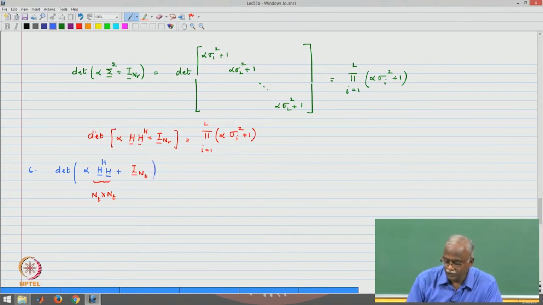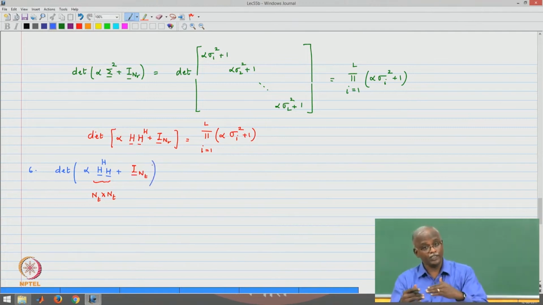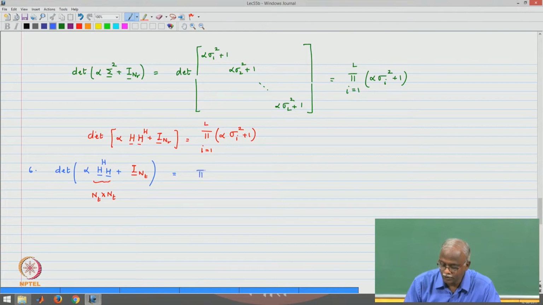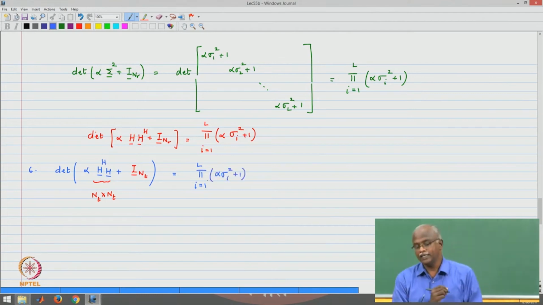I would like you to try simplifying this along the same steps that we have done previously, and you can show that this is equal to the product over i equal to 1 through L of alpha sigma i squared plus 1. Again, the same result as in the previous case.